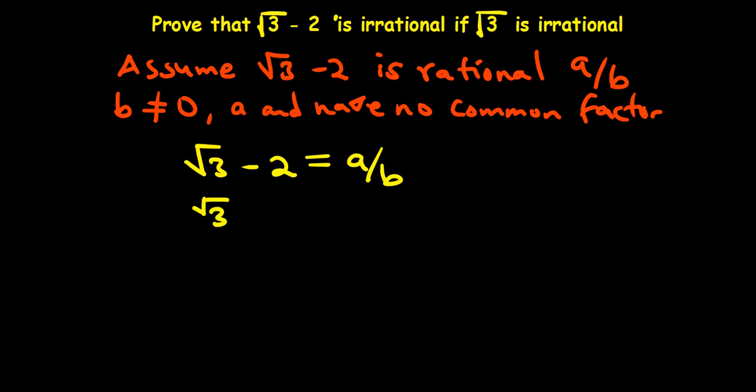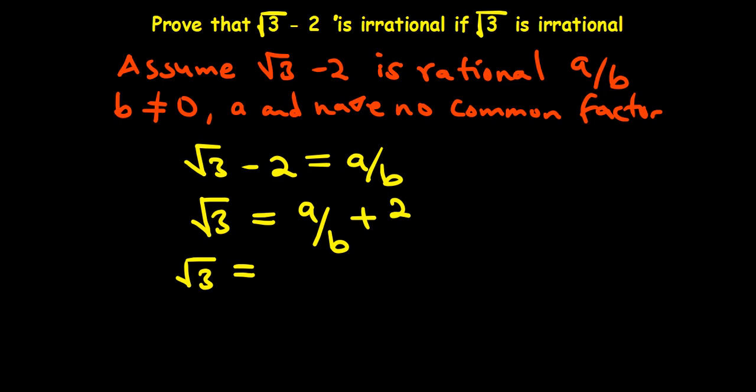So we have root of 3 here. Root of 3 is equal to, so 2 goes to the other side, I have a over b plus 2. So I can put that into a single fraction.